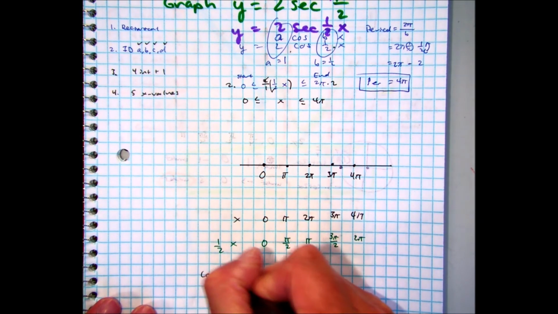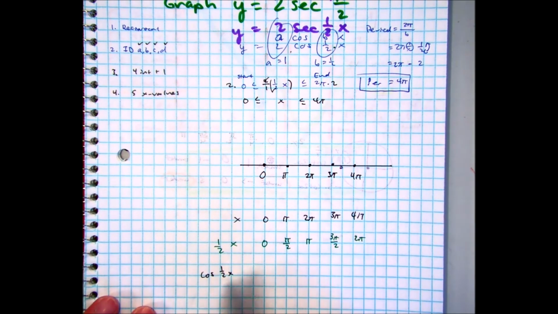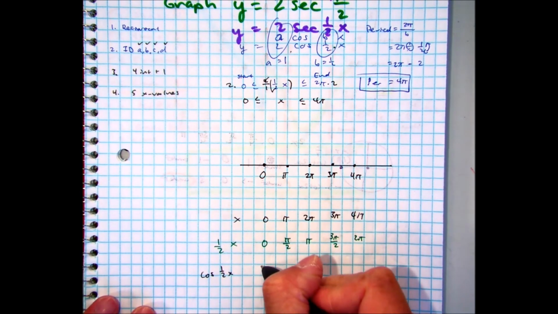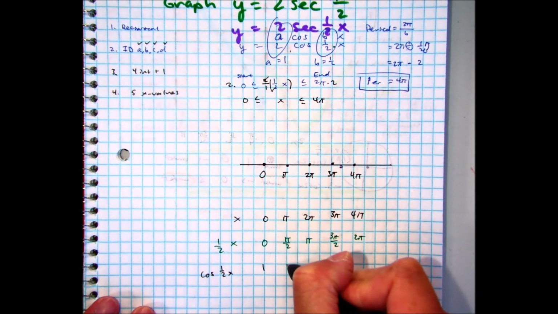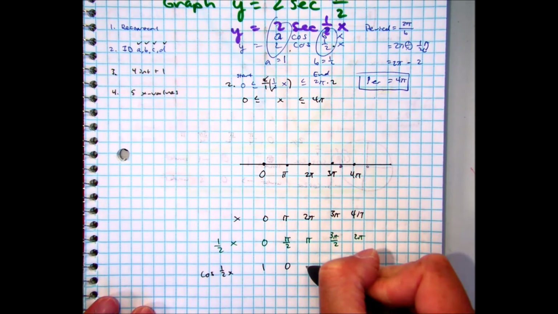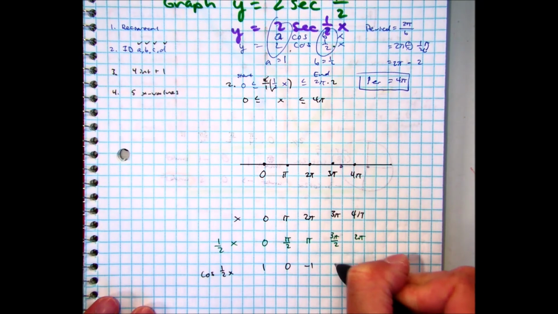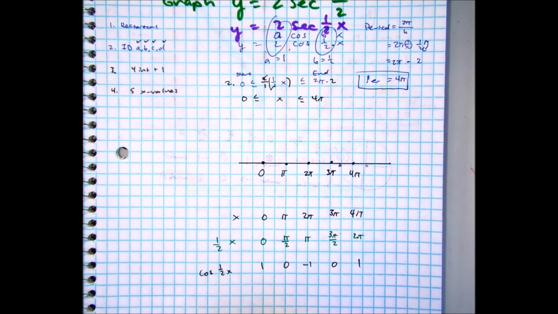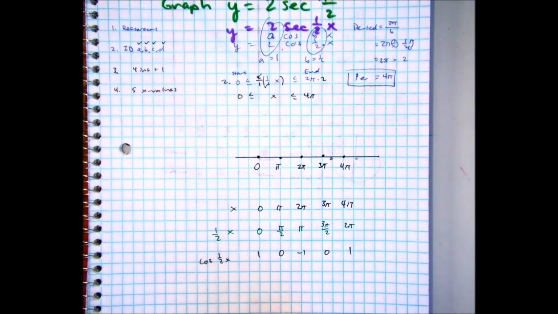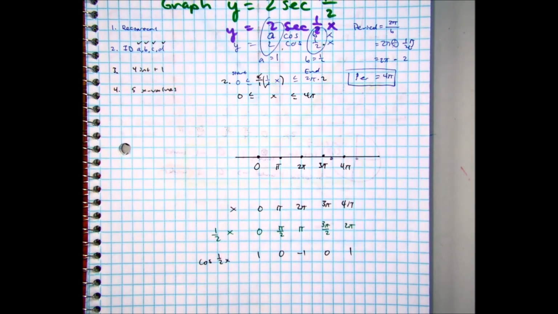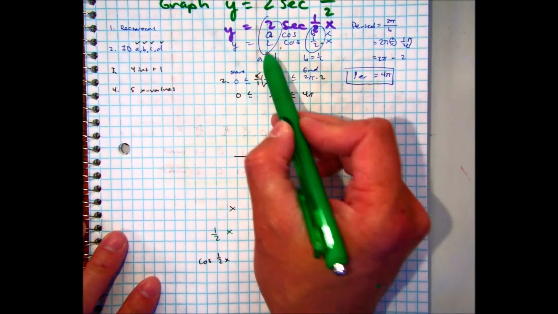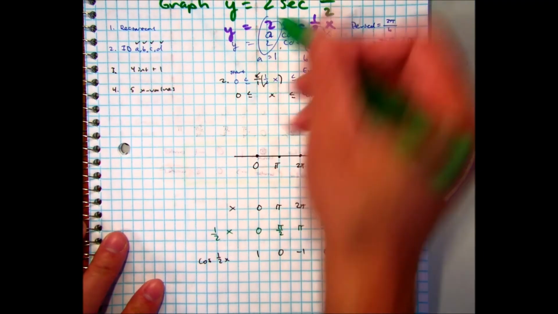What should I do next, Jason? So I have cosine of 1/2 x. What's cosine at 0, Jason? And now what's our next step, Travis? 2 cosine 1/2 x. What does that 2 mean? Should I add 2 or multiply? We're multiplying.